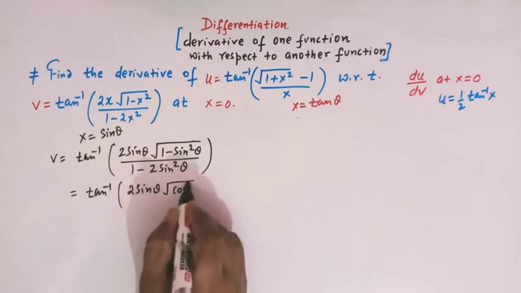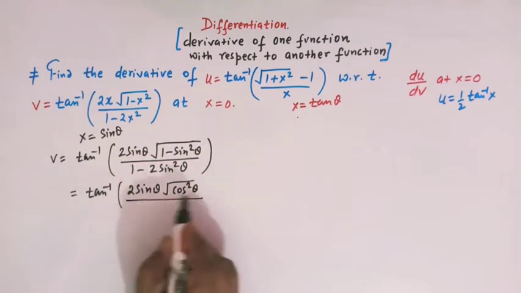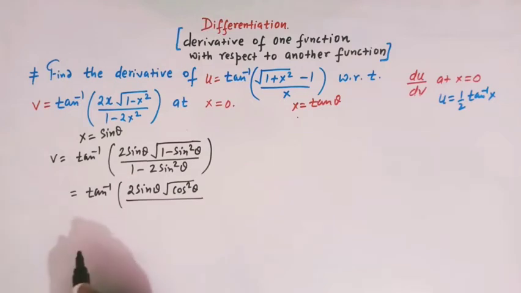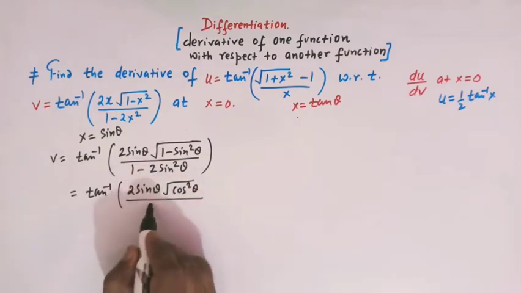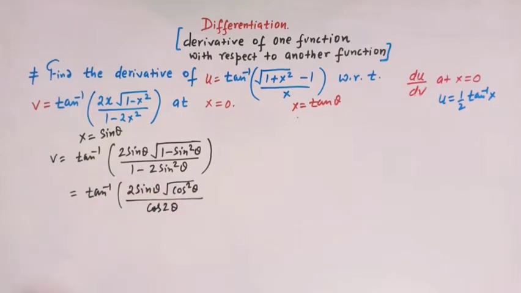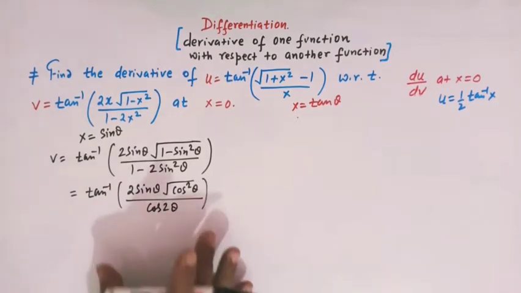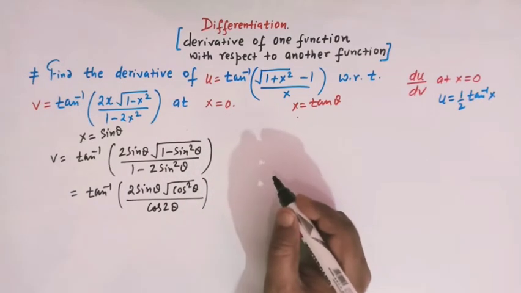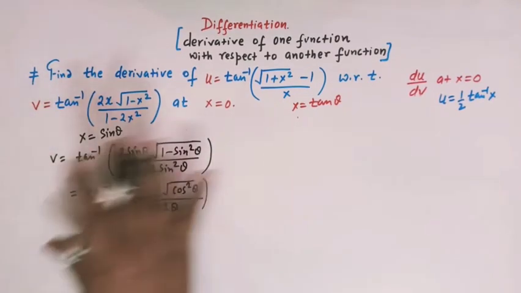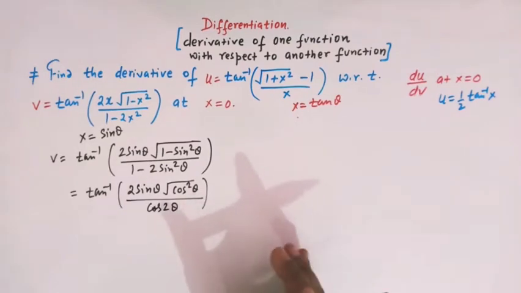Here we can write cos square theta, and 1 minus 2 sine square theta is equal to cos of 2 theta, right? So now here we see how important the trigonometric identities are to simplify these type of problems, right?